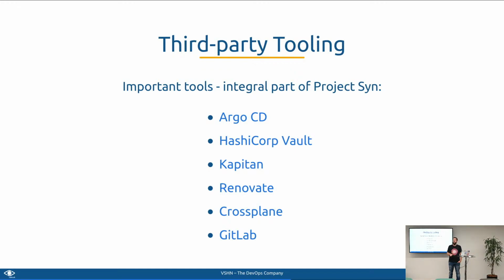Also, Vault is very important to store secrets in a secure fashion. And Kapitan is used to do the hard work of actually generating the configuration. We are also using Renovate, and we are experimenting with Crossplane for automated service provisioning in the cloud, but that's just in the experimental phase at this time.